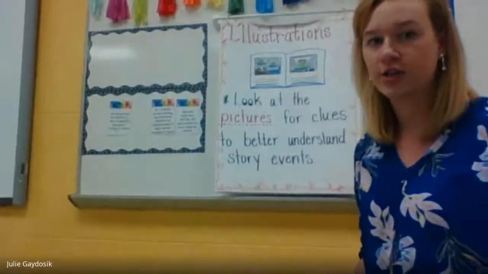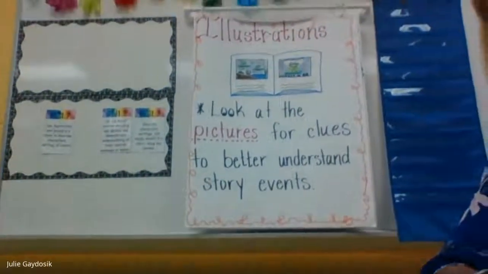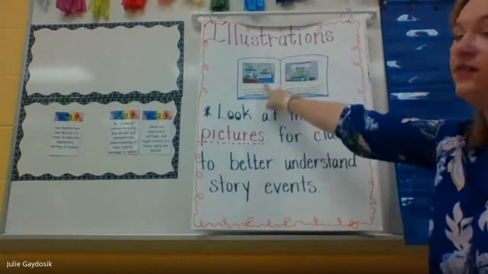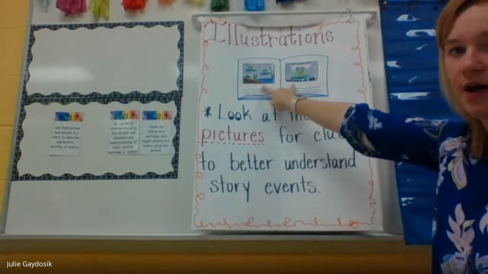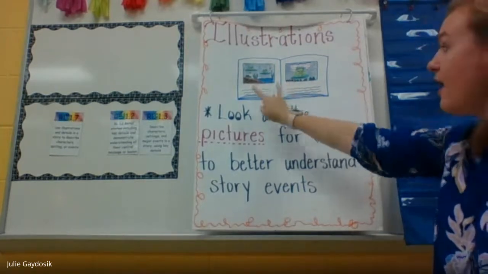All right. Before we get started with our book, I would like to go over this anchor chart. Move you a little closer. So this anchor chart is about illustrations, and these are actually illustrations from the book that we're going to read today.